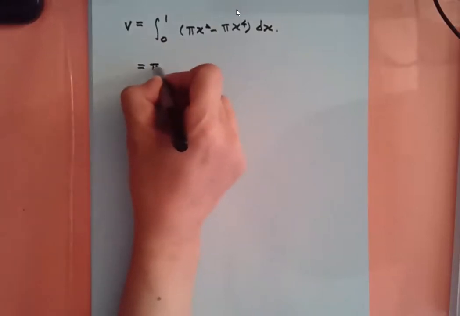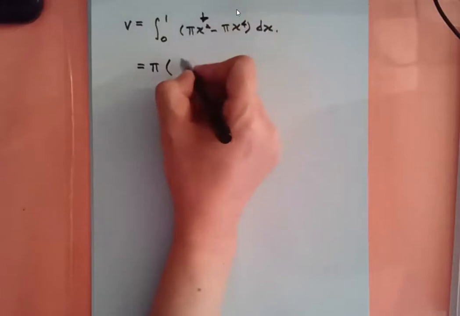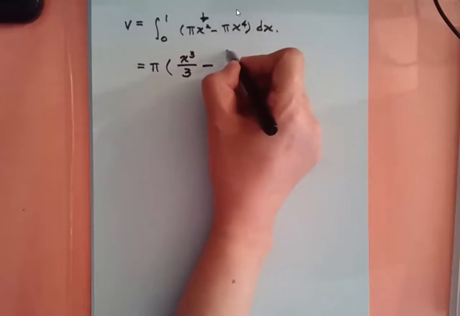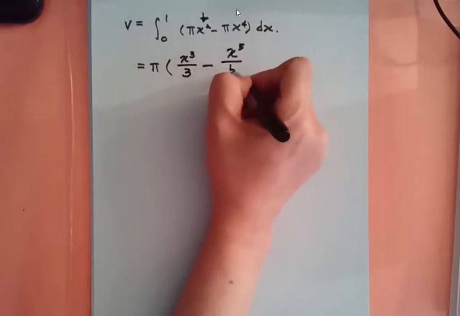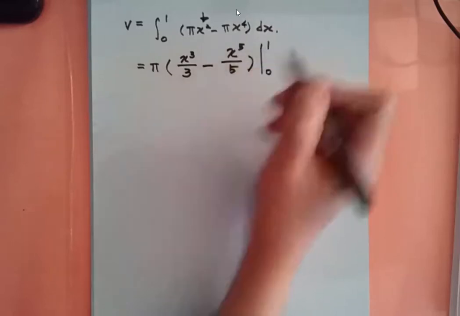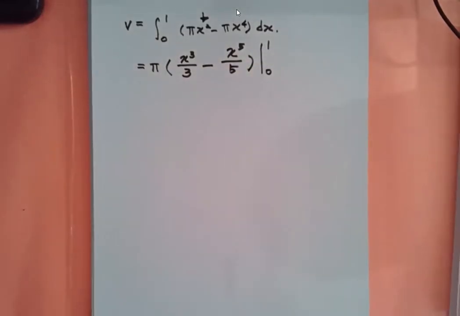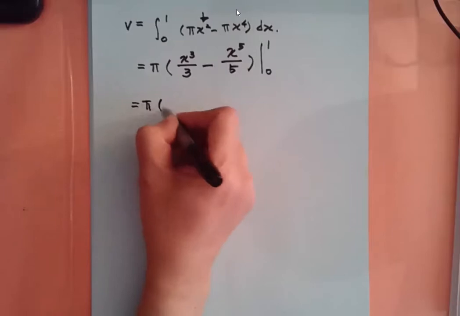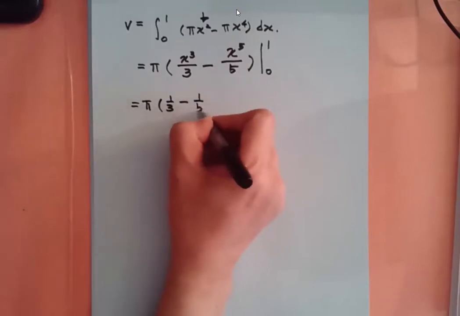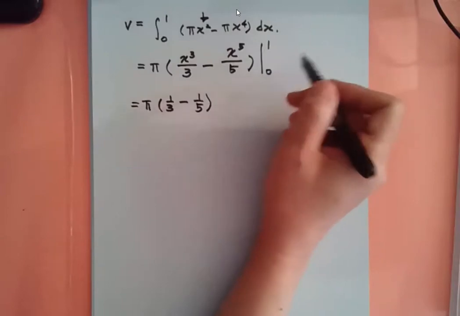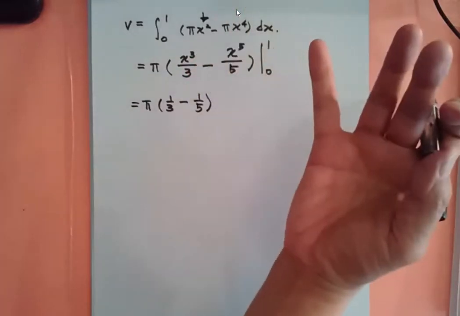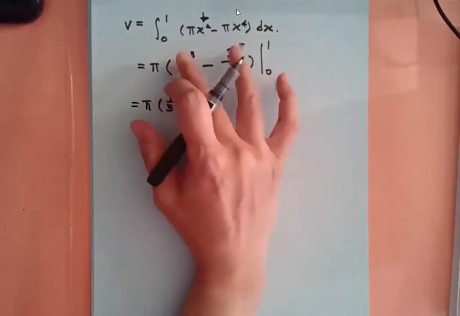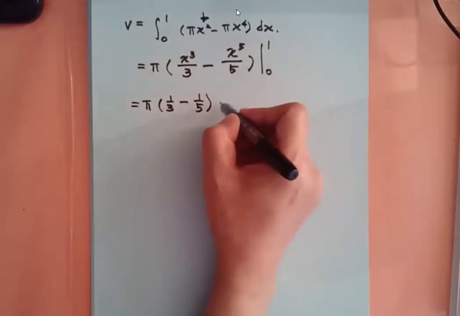So that is pi times the first one is x cubed over 3 minus the second one is x to the 5th power over 5 from 0 to 1. So that is pi times 1 over 3 minus 1 over 5. Of course, 1 cubed is 1, 1 to the 5th power is 1, so I just wrote down 1. If you put 0 here, then those will vanish. So we will work with this.